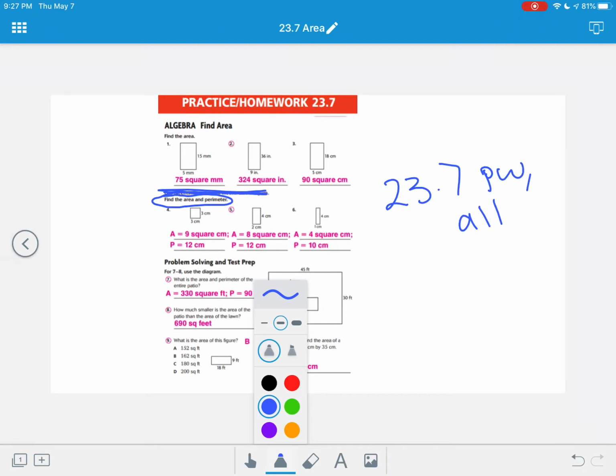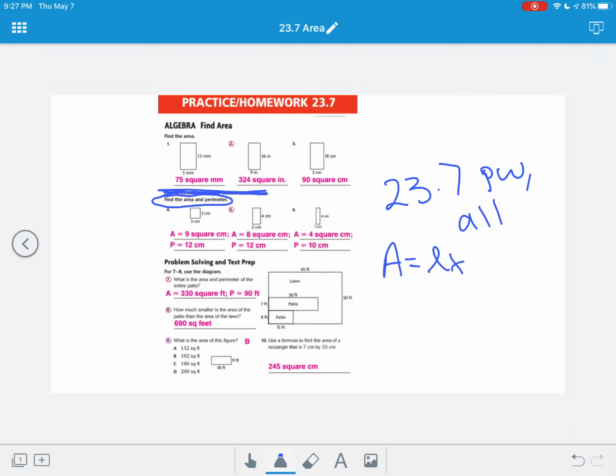So make sure you look back on your notes from yesterday. When we have area, it's area equals length times width. Perimeter is the sum of all of the sides of the figure. So it would be side A plus side B plus side C plus side D. So keep that in mind as you work today.